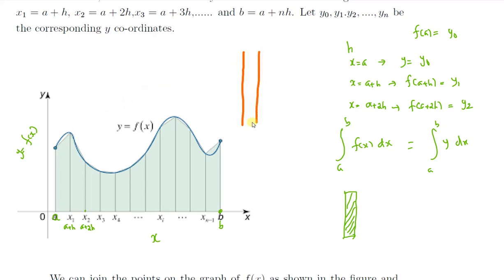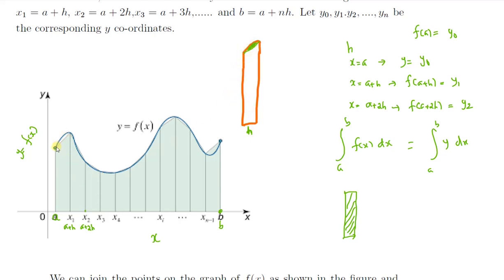Now we can approximately take it as joining these two points with a straight line. So some part will be missing, but don't bother about it. If you reduce this distance, that is, if you reduce the increment in x, this error will be minimum.